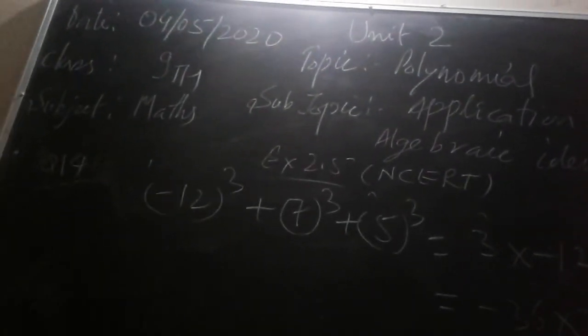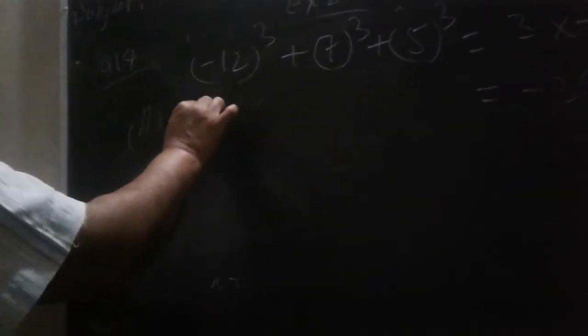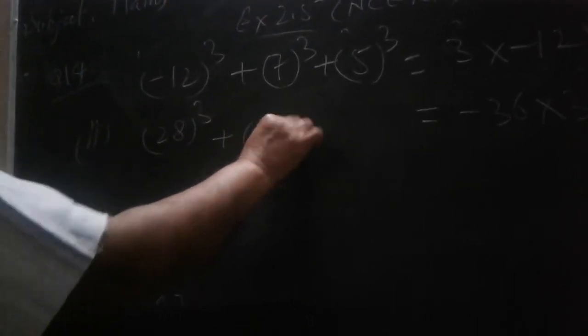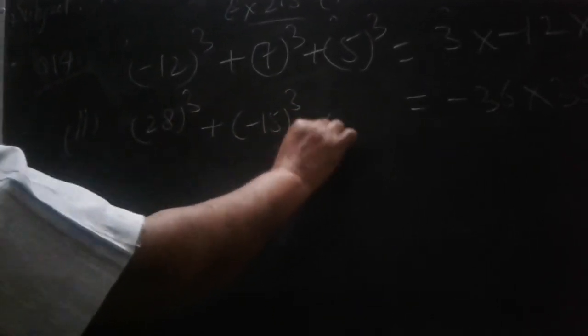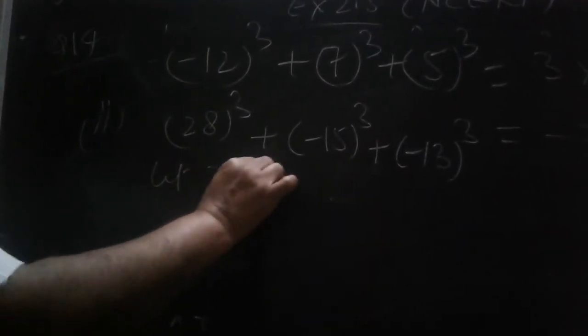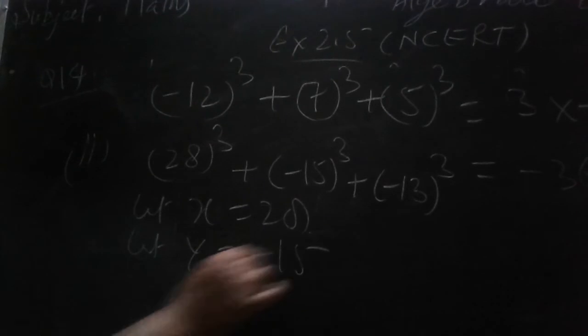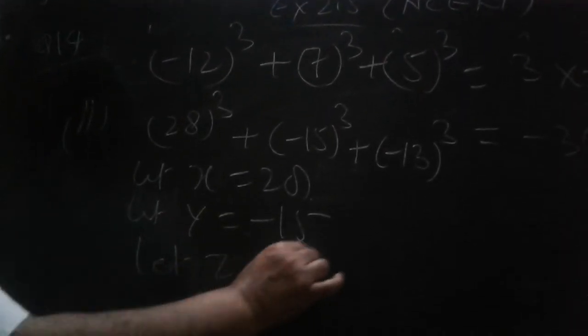In the same way, second part: cube of 28 plus cube of minus 15 plus cube of minus 13. The same question, same pattern. Let x is equal to 28, let y is equal to minus 15, let z is equal to minus 13.